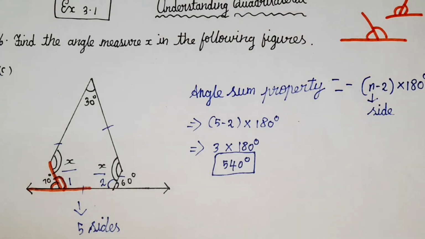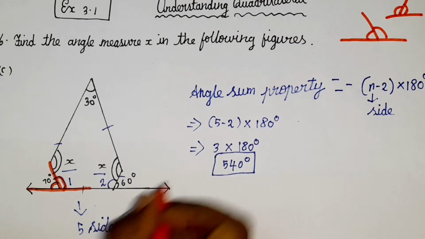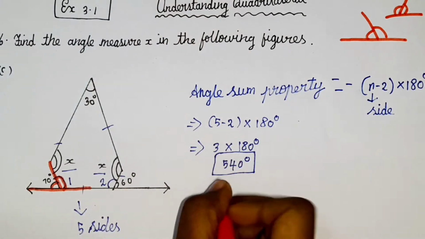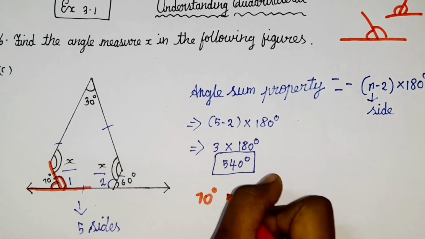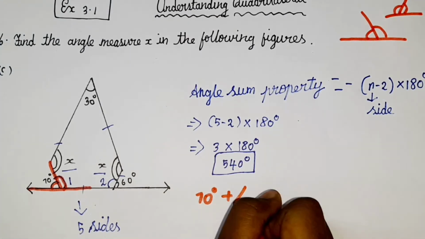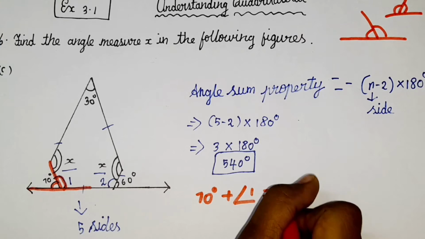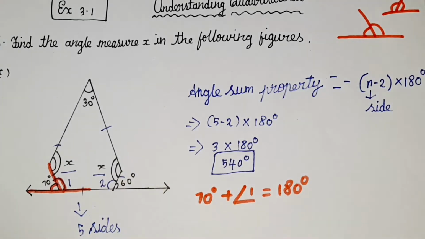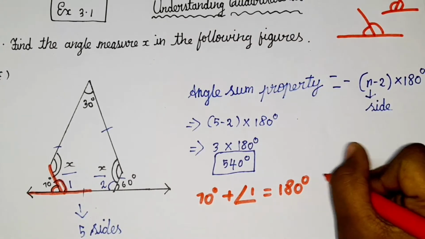When we add up all the angles in a linear pair, our answer would be 180 degrees. So let me write 70 degrees plus angle 1 is equal to 180 degrees. In this lesson you should always write the reasons. Here the reason is linear pair.